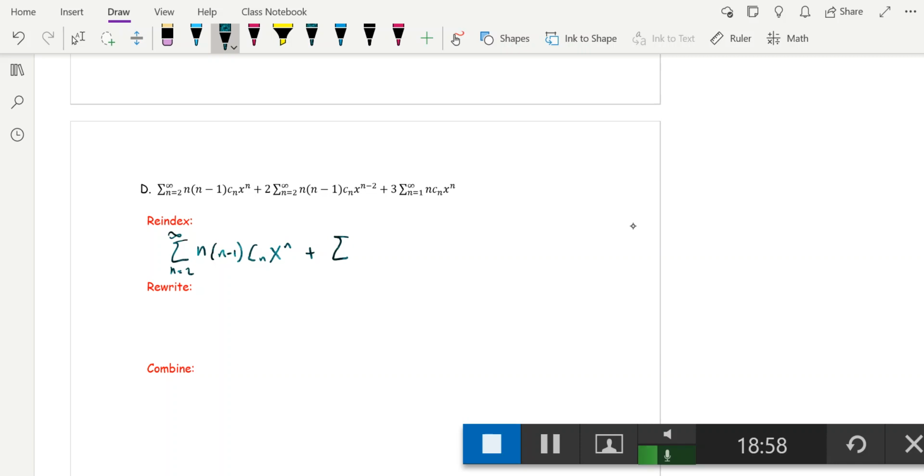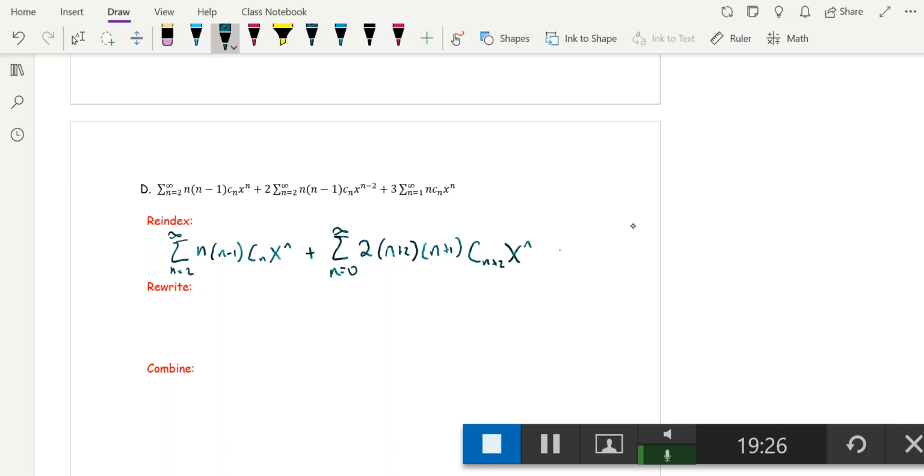I'm going to reindex, so this is x to the n, and I'm going to bring the 2 inside. So I'm going to add 2 in the formula. That means this guy's going to start at 0. I'm going to bring that 2 in and replace n with n plus 2. So n plus 2, n plus 1, Cn plus 2, x to the n.